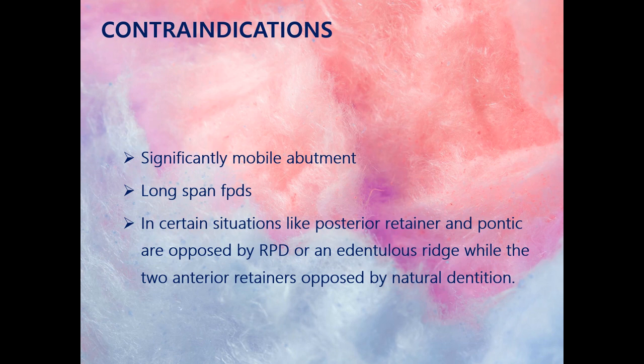So in such cases, since there is only a removable partial denture or an edentulous space opposing the posterior abutments, there is chance that the posterior abutment can supraerupt, and this will result in unseating of the non-rigid connector. So a good judgment must be exercised in the use of a non-rigid connector on a fixed prosthesis.